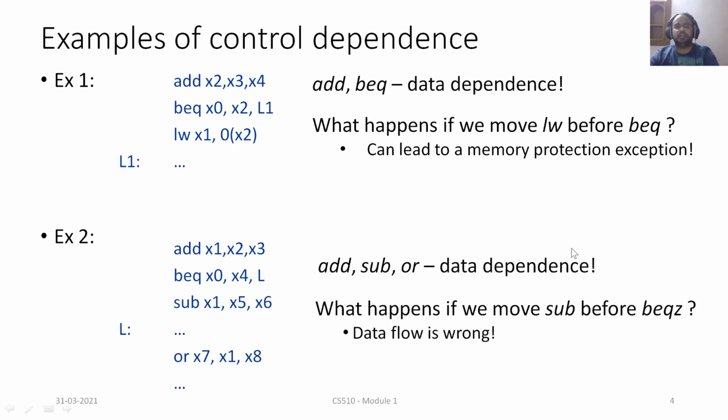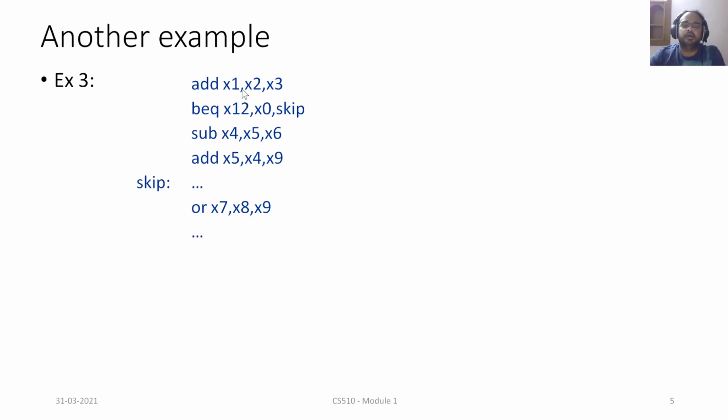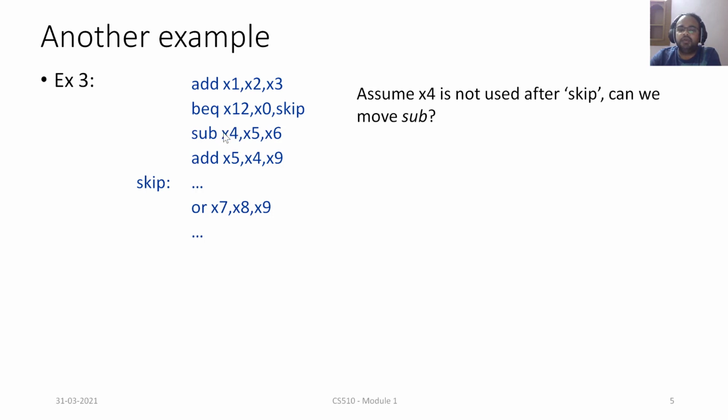Now let's look at a slightly trickier case. Let's say we have add x1, x2, x3, BEQ x12, x0, with label skip. Following that, we have subtract x4, x5, x6, add x5, x4, x9, and somewhere after this, at label skip, we have an OR instruction x7, x8, x9. Let's assume that the value x4 is not being used inside the skip module, as we'll call it.